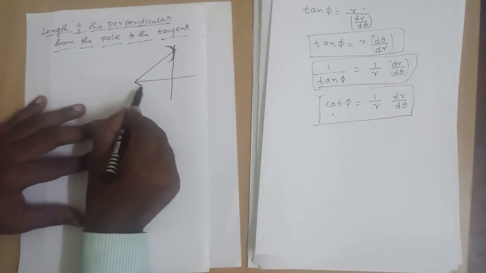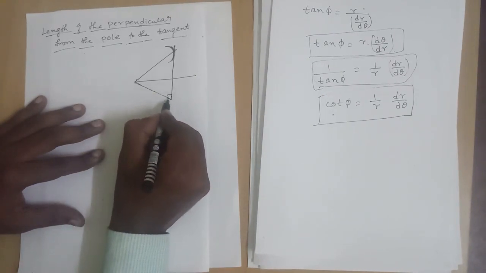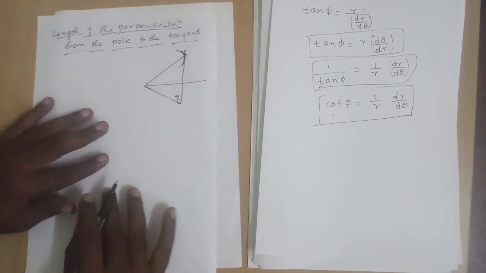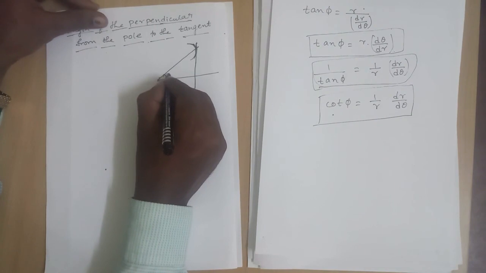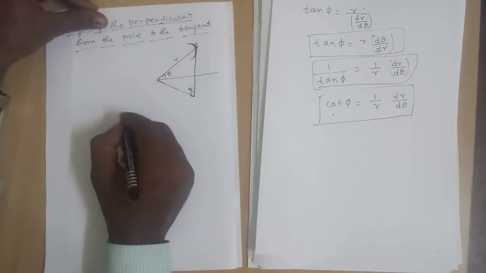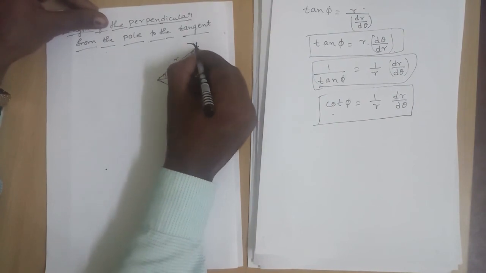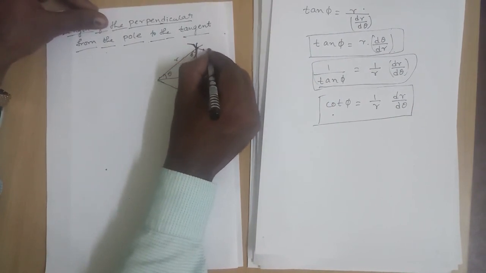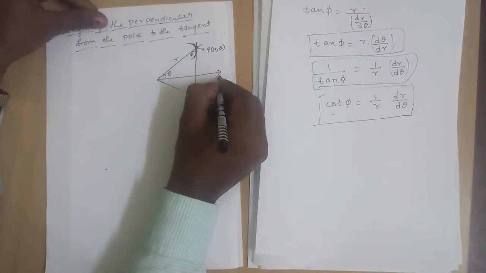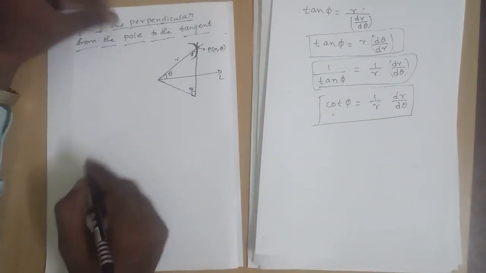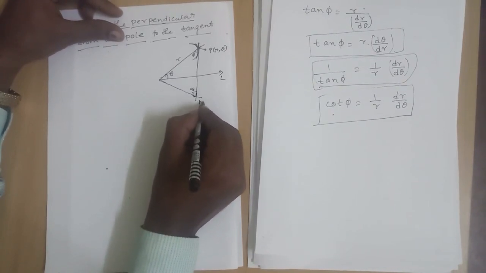So that is here, you join here, so this becomes a 90 degree angle. So this is your theta and this is your r, and this one I call phi, and this point is P of r comma theta. So I call this one as L and here N.